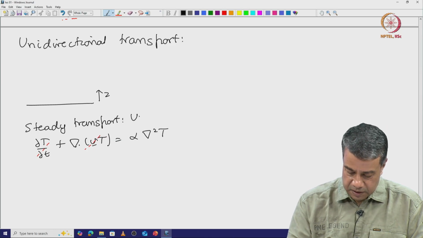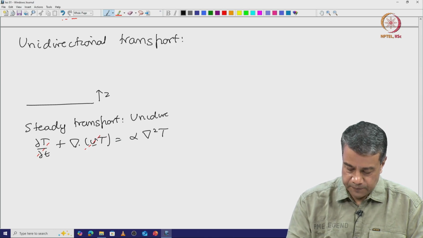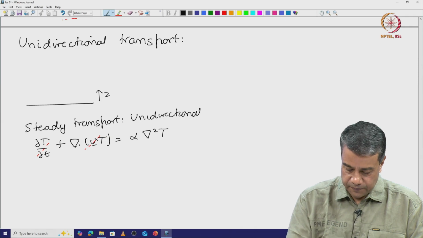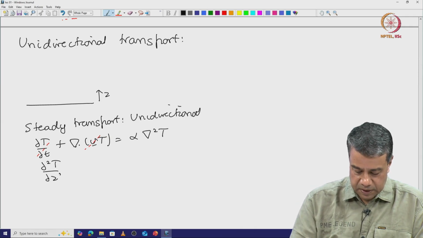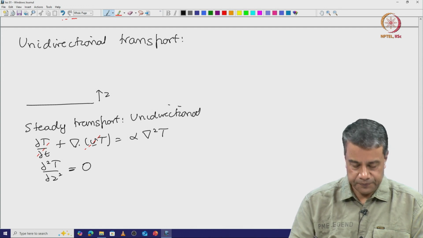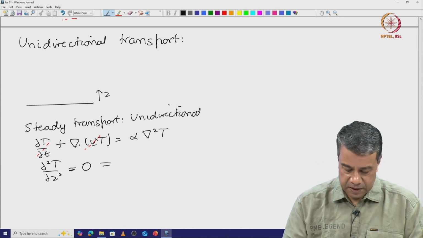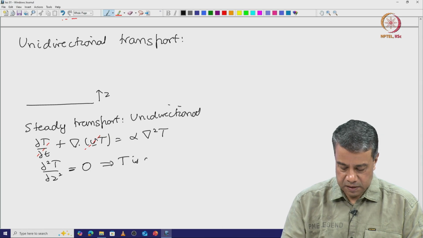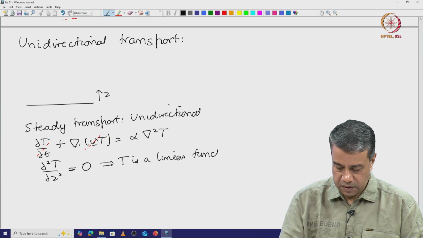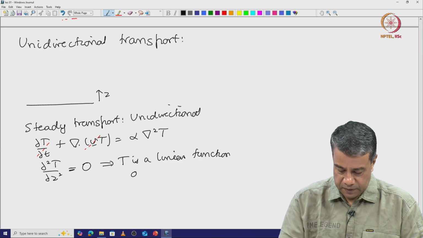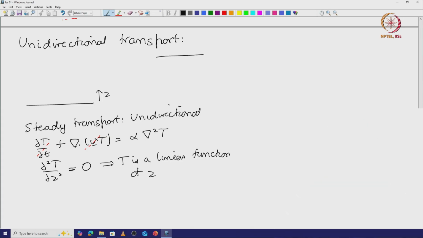And if it is unidirectional, you get partial square T by partial z square is equal to 0, which implies that T is a linear function of z.